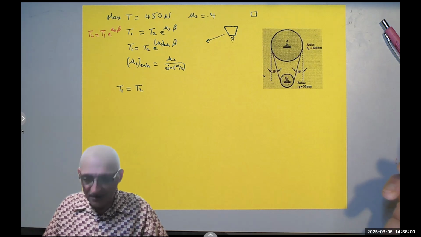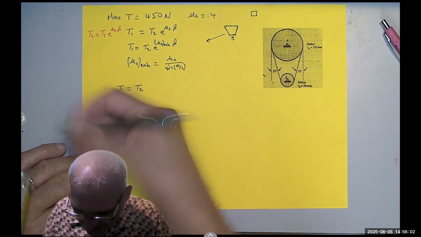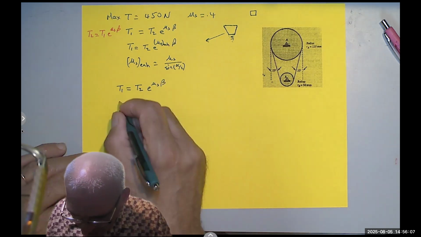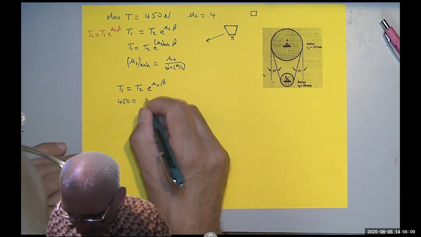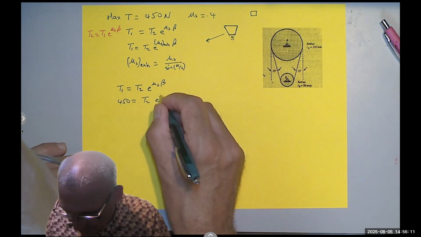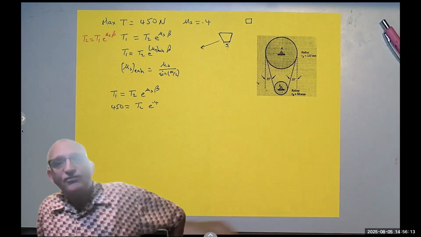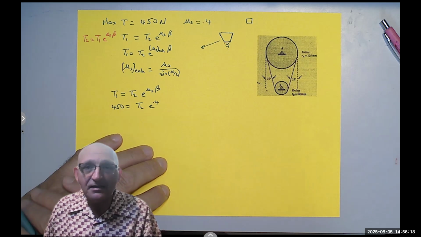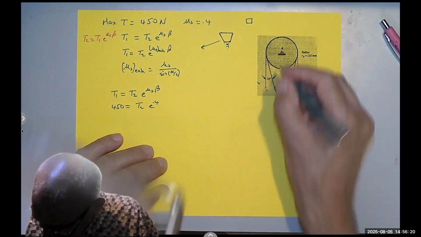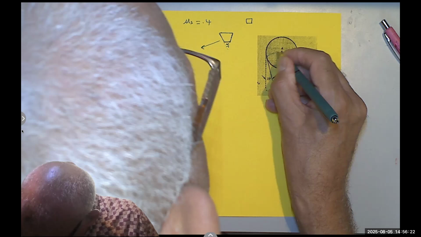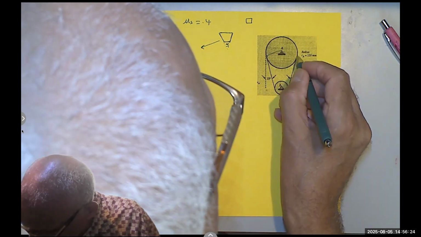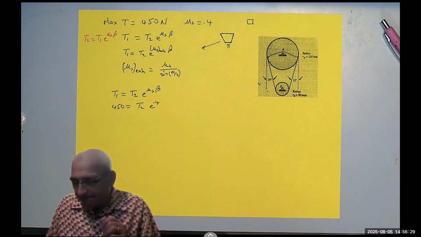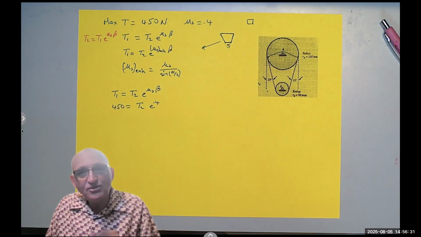It can't withstand. So let's write the equation first, like we always do. 450 equals T2 times e to the 0.4, and then we need to find the angle. Notice the point here and the point there. How do you find this angle?